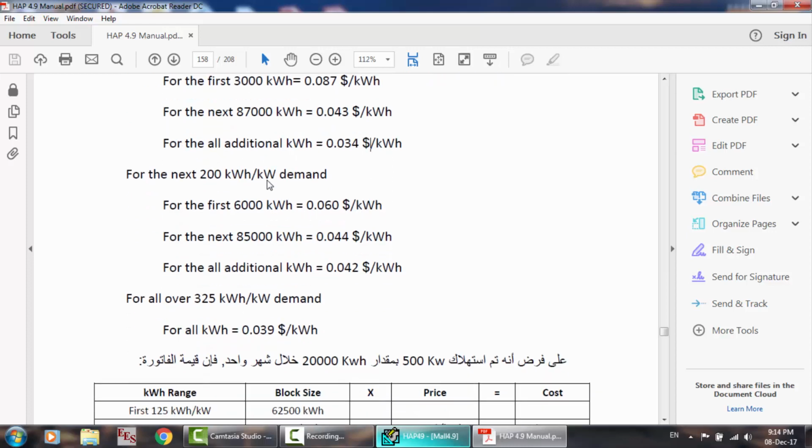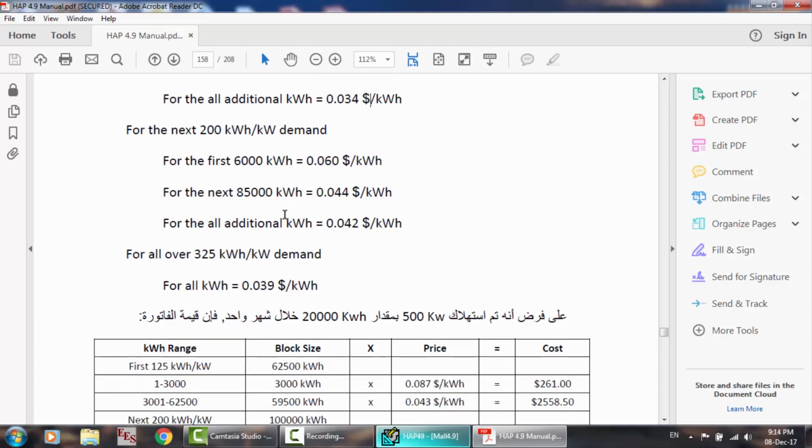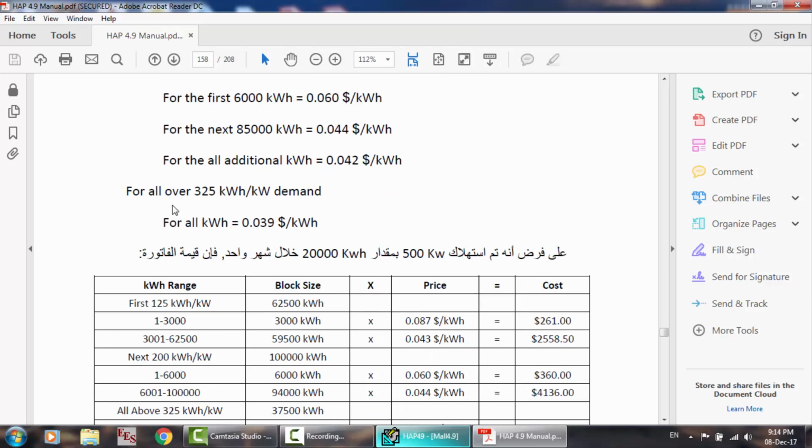And for the next demand, 200 kilowatt hour per kilowatt, we have another price for each kilowatt hour. And for all over 325 kilowatt hour per kilowatt demand, for all kilowatt hour, we have another price.